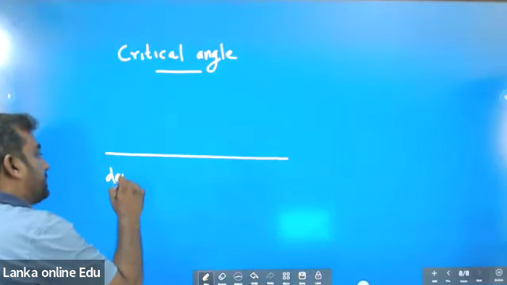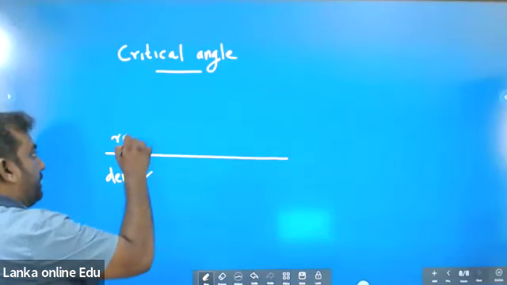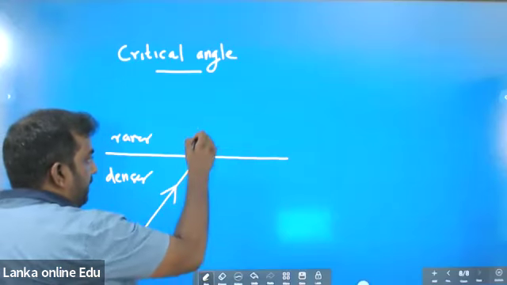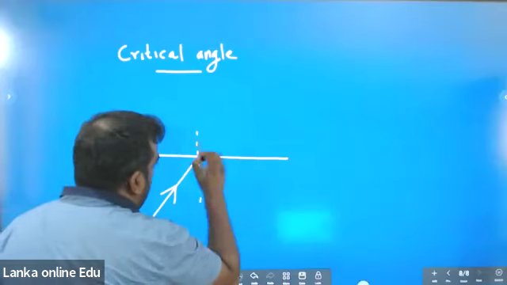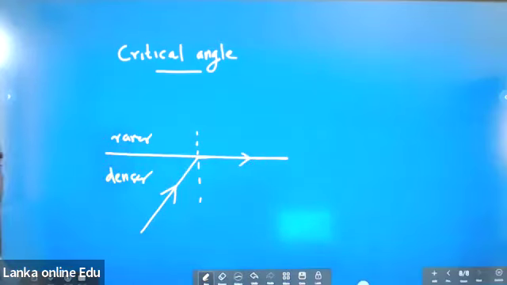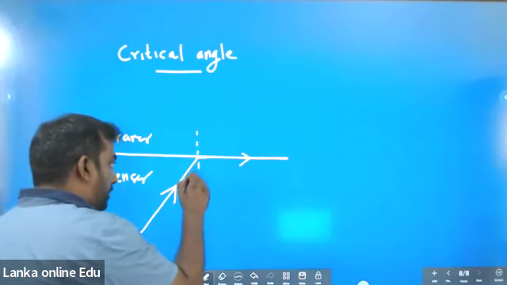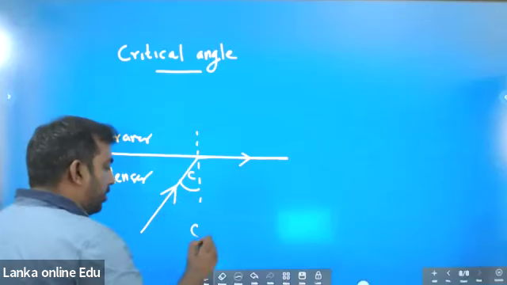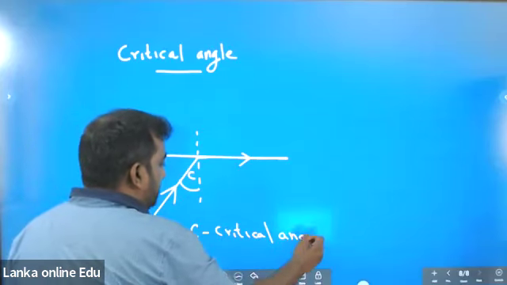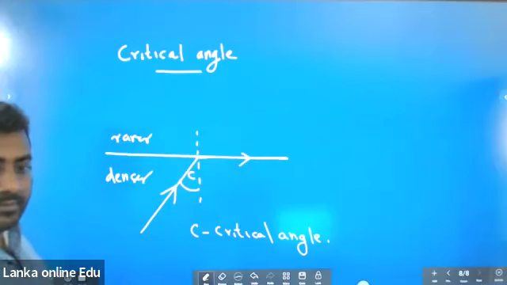When light travels from a denser medium to a rarer medium, at one instant, light rays will go along the boundary. When light rays go along the boundary, the angle of incidence is called the critical angle.